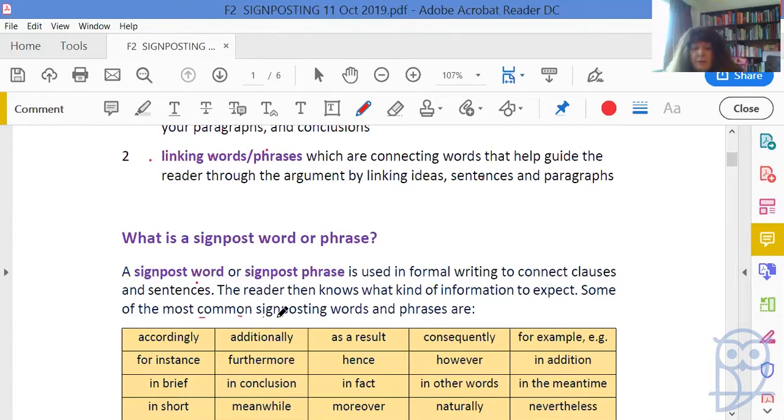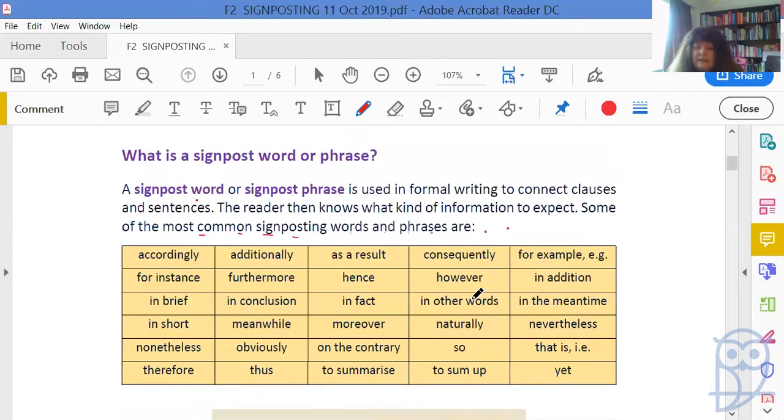Some of the most common signposting words and phrases are in this little table here. If you had this table, you would have most of the words you can probably use in any essay, whether it's narrative, but definitely persuasive and argumentative. And remember, a persuasive and argumentative essay is the same thing.